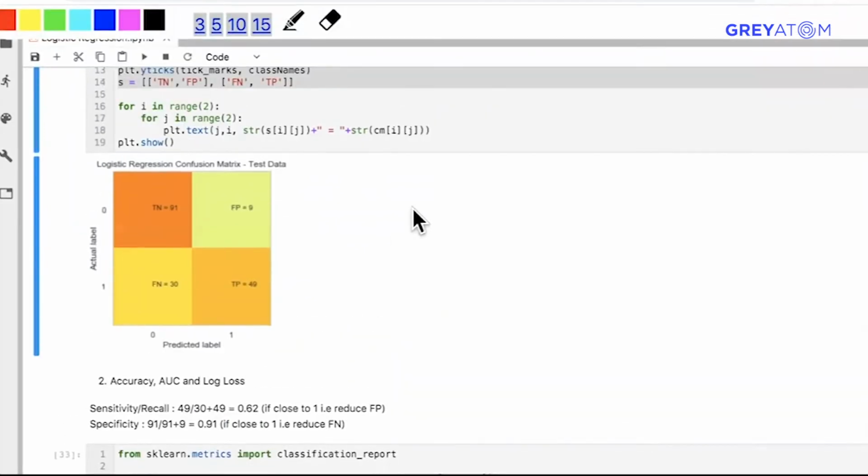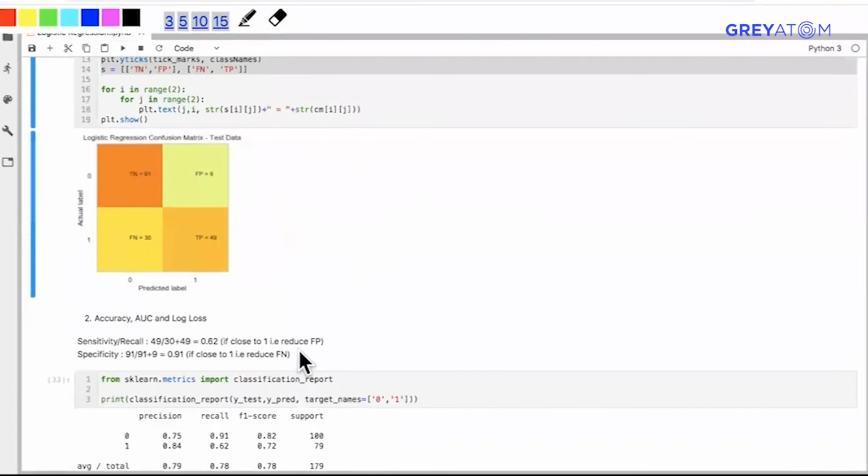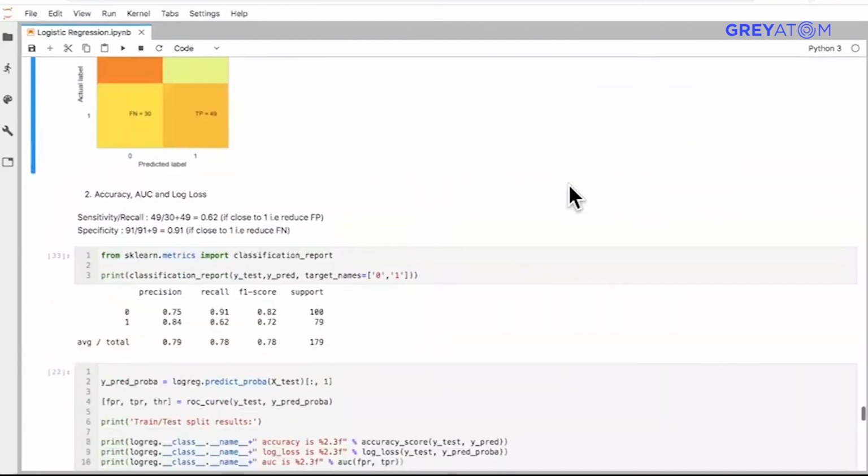So that's how it is. We can calculate these. So our recall is coming out to be 0.62 and specificity is coming out to be 0.91. So let's see how we go forward and look at the real metric, that is the ROC curve.